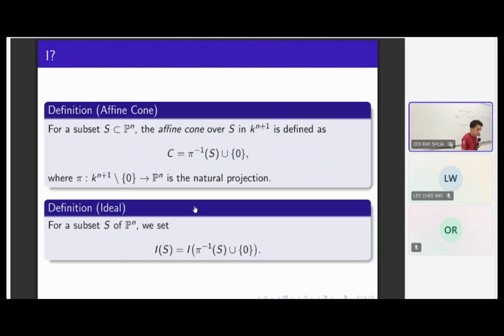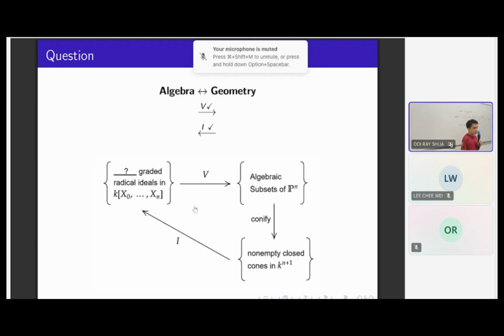The ideal of an algebraic subset of P^n corresponds to the polynomials that equal 0 on that cone, which also correspond to the homogeneous polynomials. Essentially that is doing the exact same thing as above. So this is how we go back from geometry to algebra.